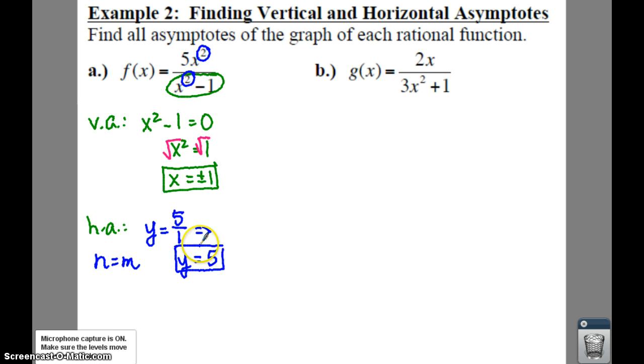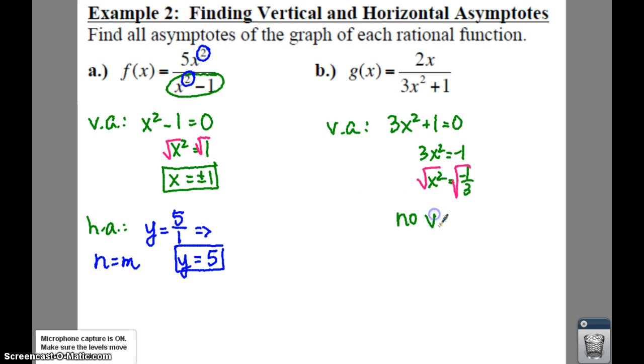So that's 2a. For 2b, if you look at your vertical asymptotes, in this case, you set your 3x squared plus 1 equal to 0, you subtract 1, divide by 3, and then if you take the square root of both sides, you get an imaginary solution. So since you have imaginary solutions, you're not going to have a vertical asymptote.